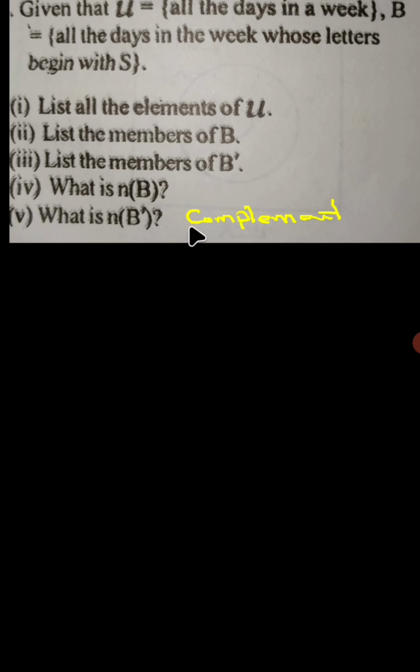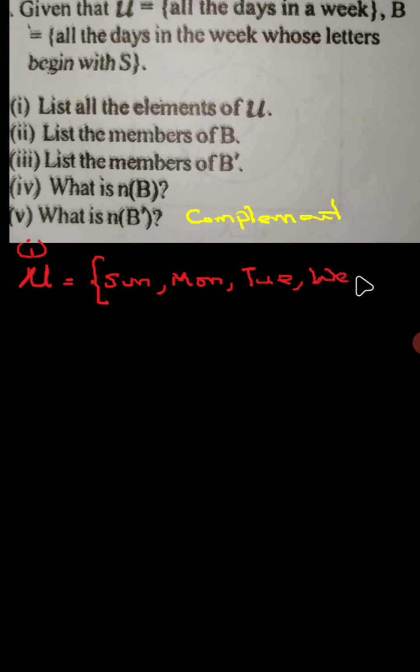So I have set U. We have to list all the elements of U. I have the first day of the week, which is Sunday, followed by Monday, followed by Tuesday, followed by Wednesday, then Thursday, then Friday, then Saturday.